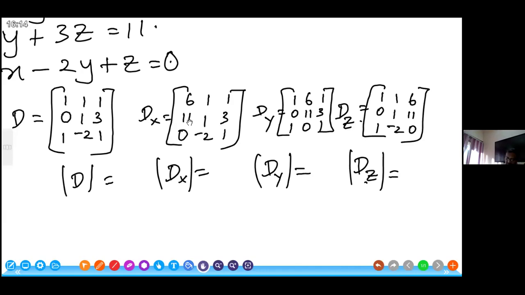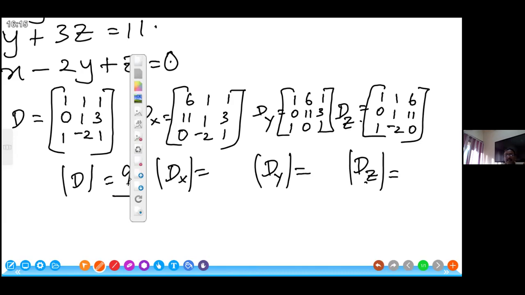What is the determinant of D? 9. Okay, at least one correct answer. What is the determinant of dx? 9.